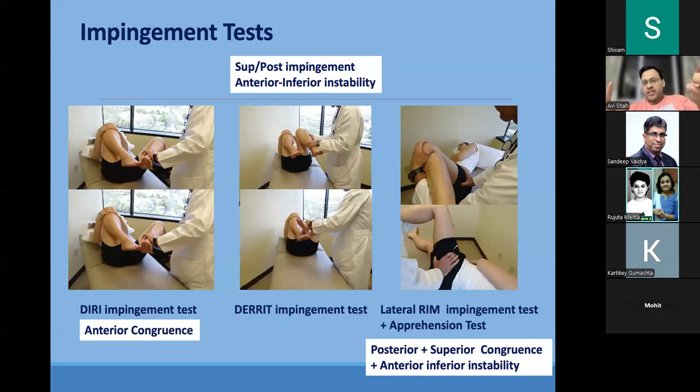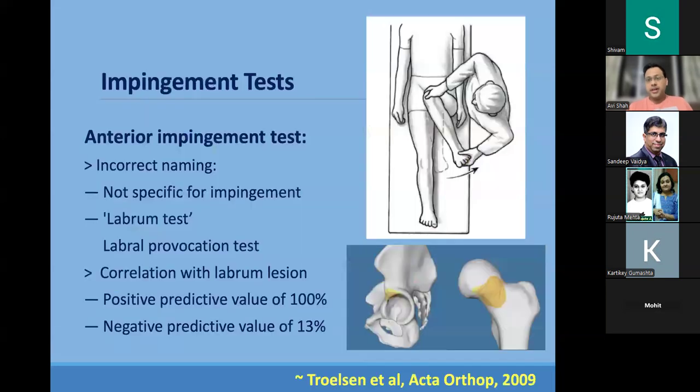When you go from flexion to extension, if the patient gets pain over the gluteal region, this shows there is impingement of the lateral rim, that is the posterior superior part. And again, it can give an inference of a possible anterior inferior instability. And in the same situation, when you put force on the hip with abduction and start extending the hip, if the patient complains of more pain, that is the apprehension. That kind of confirms our anterior inferior instability.